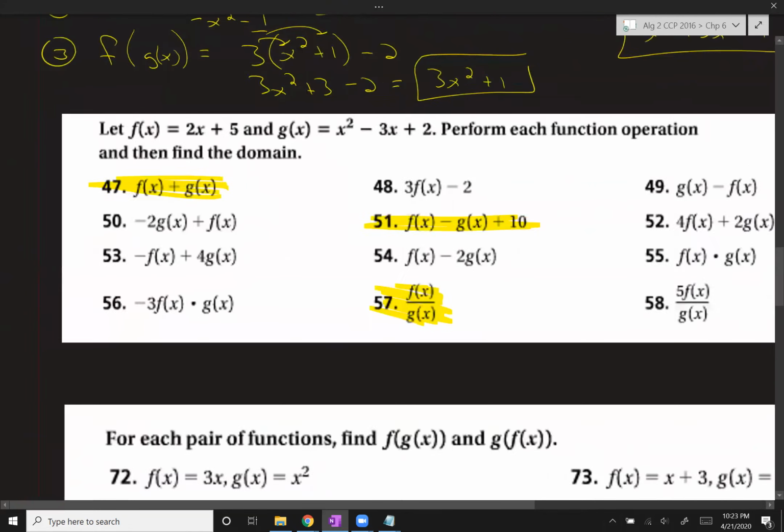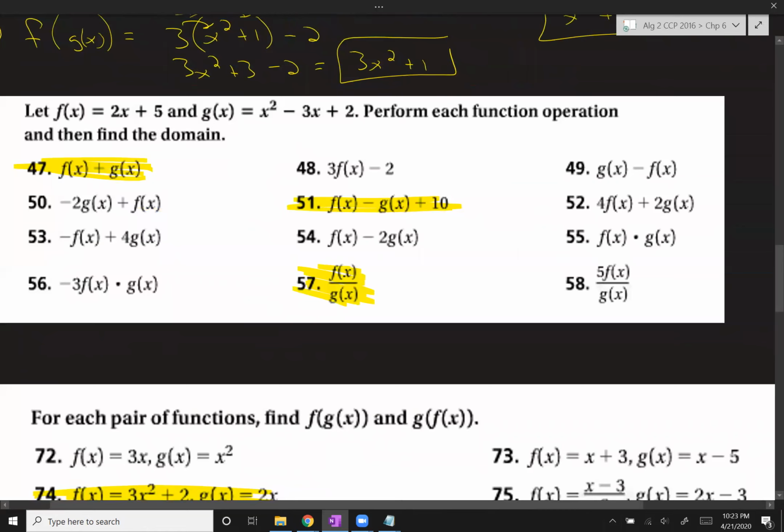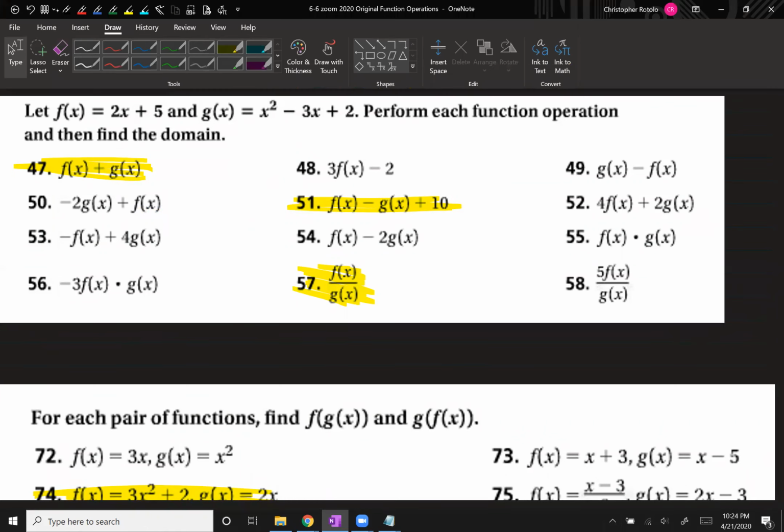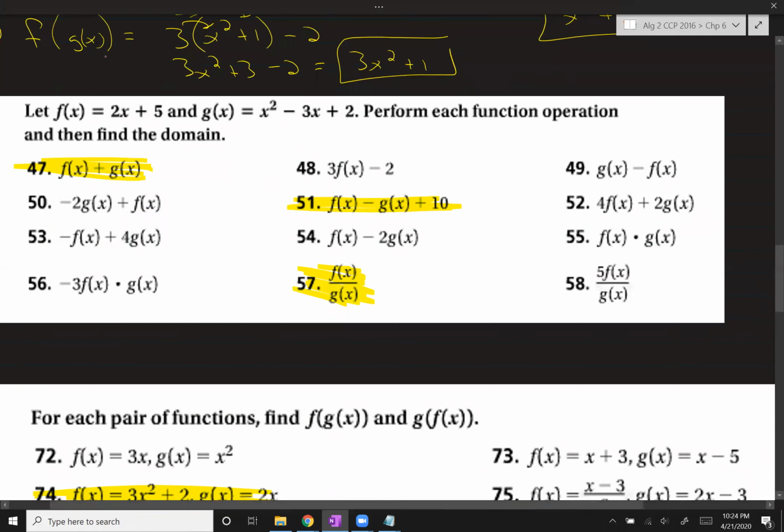All right, we have a couple problems highlighted here, and we're going to give you some time to work on and submit some answers. So 47, good. 51, there's the order, and in the end, we're eventually just going to add 10 to whatever your result is.